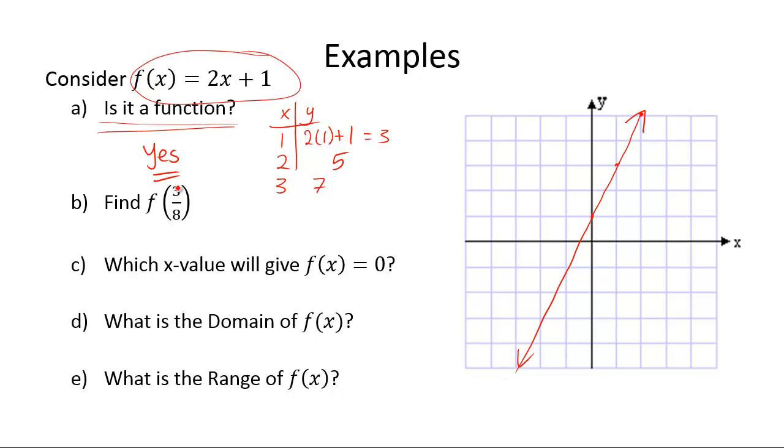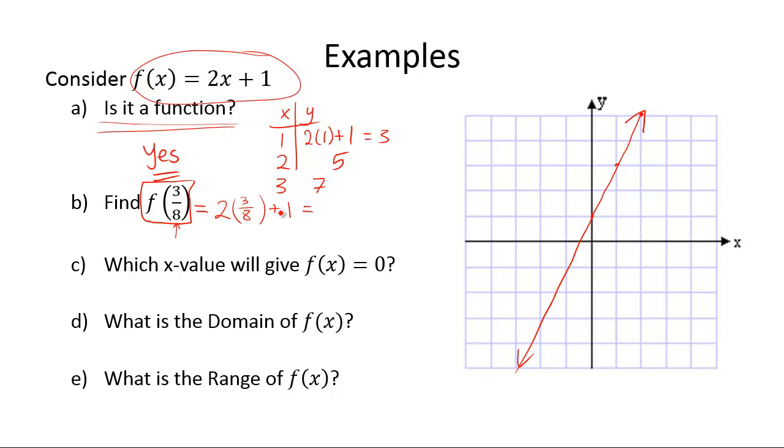Let's look at the other questions you might be asked. So if you see something like this, this implies find f, the function f, meaning the answer to plugging in x as 3/8. So all this means is it's an instruction telling you to replace your x value with the input provided to see what it equals.